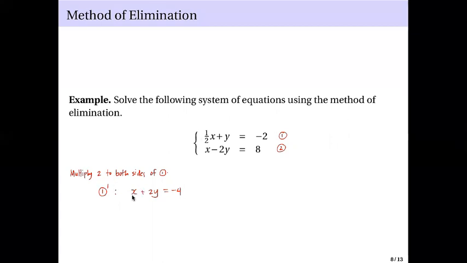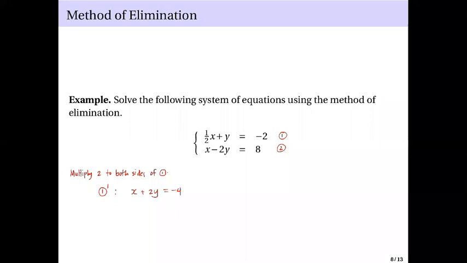It's because when we multiply both sides of the equation here, we get x plus 2y equals minus 4. Here, x has coefficient 1, and in the second equation, it has also coefficient 1. So the same coefficient. Correct?